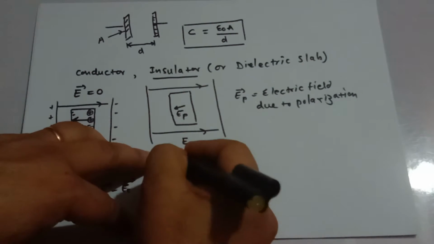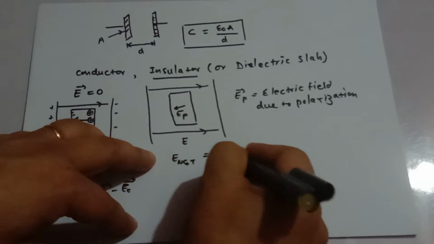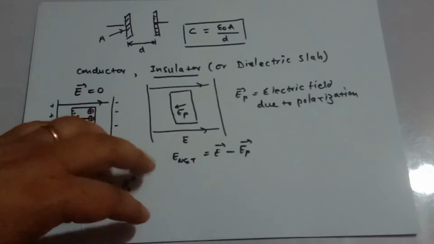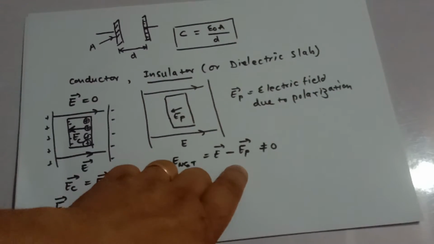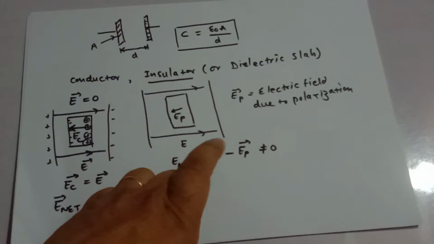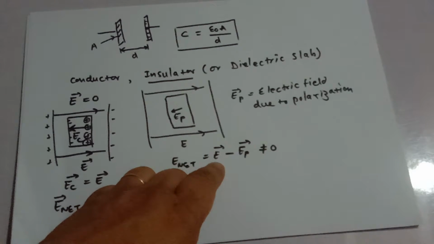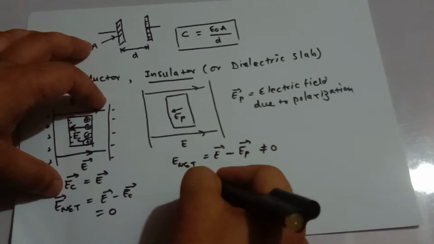Here the electric field of an insulator becomes E minus EP, but that is not zero. Why is it not zero? Because the electric field due to polarization is slightly less than the electric field of the external field. And that electric field you can say is the net electric field, or simply E.